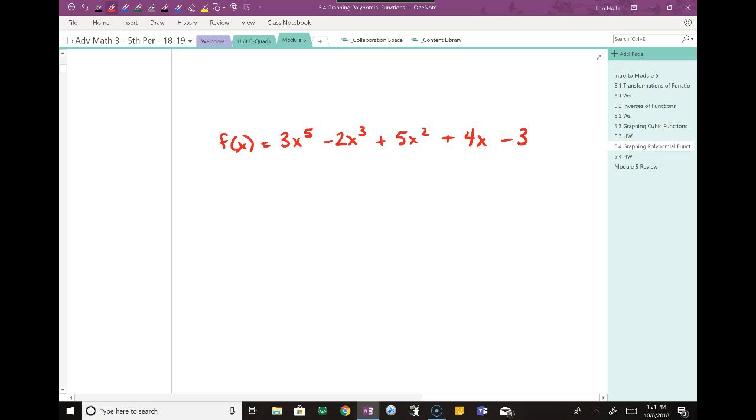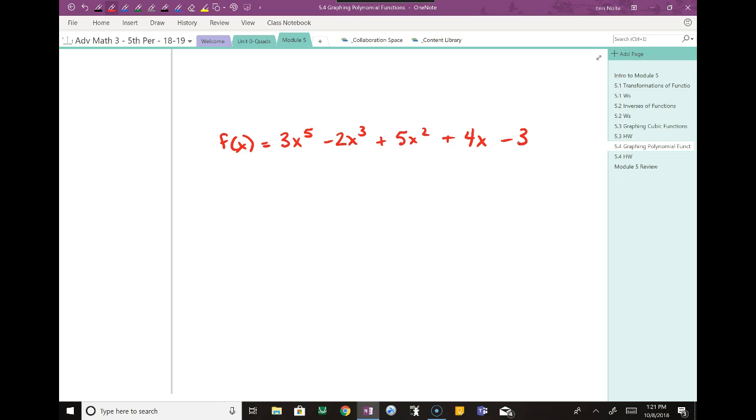Hopefully what you're noticing is that as I progress to the right, the exponent gets less and less. I did miss the x to the fourth term, so you don't have to have every single degree written, but that would just be an example.